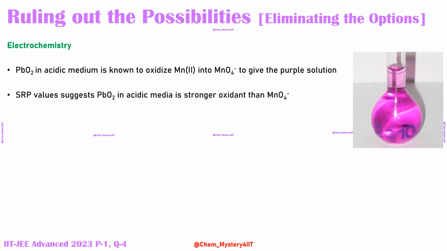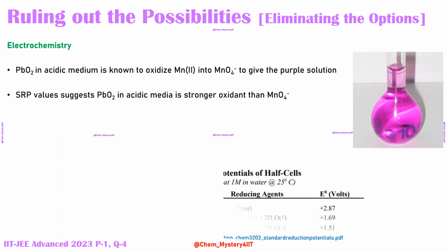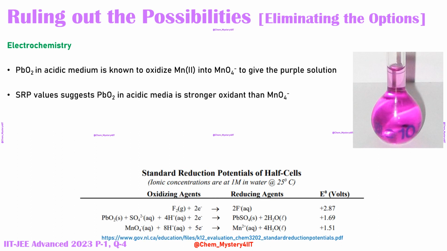This is way stronger than permanganate. We can see their SRP values. Here we go. SRP values suggest that lead dioxide, PbO2, has an SRP value of 1.69, whereas permanganate has an SRP value of 1.51.